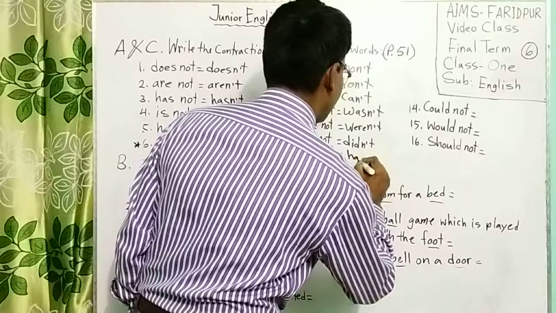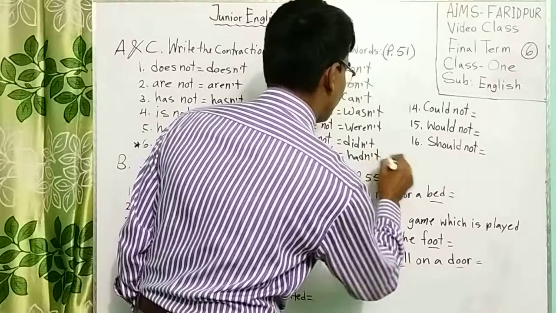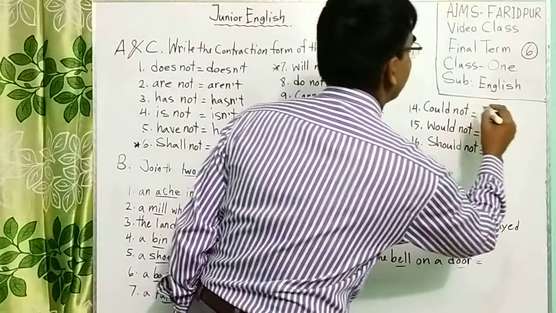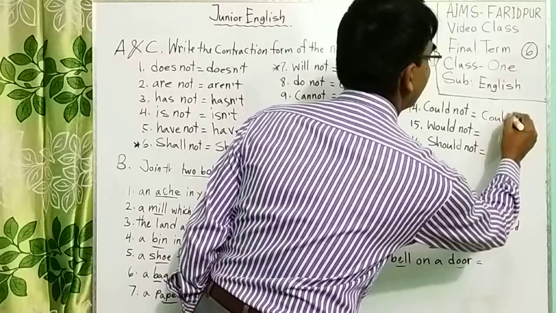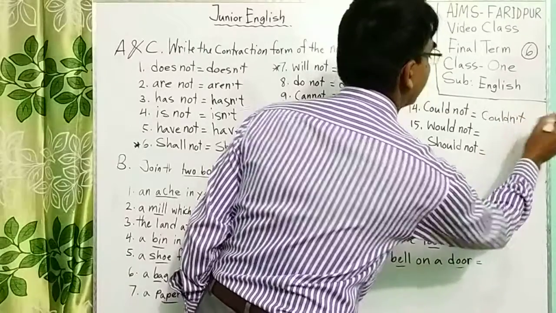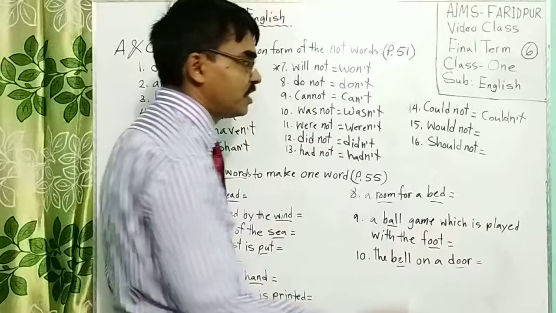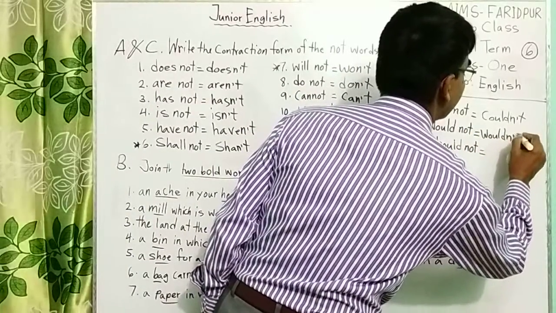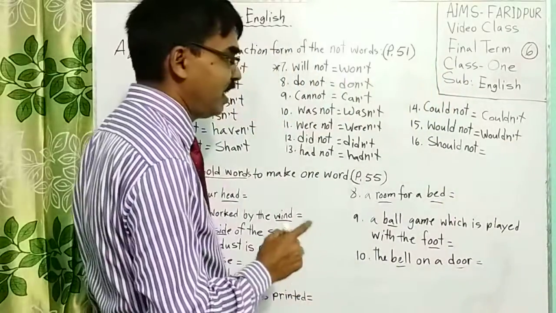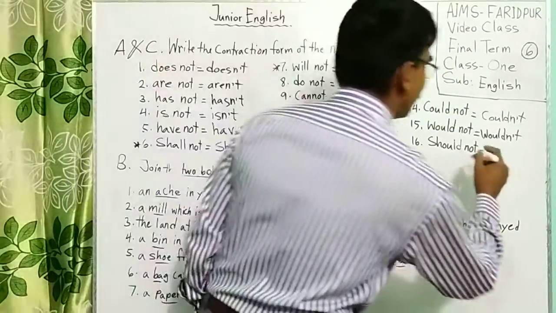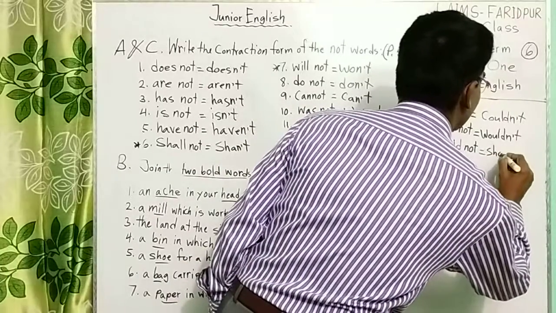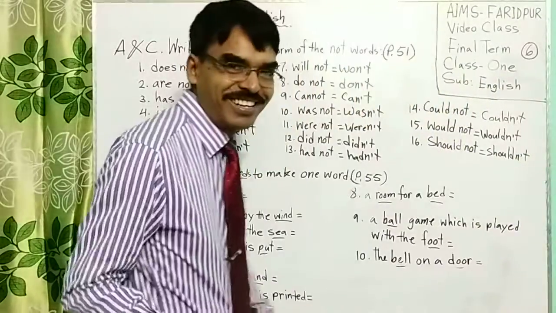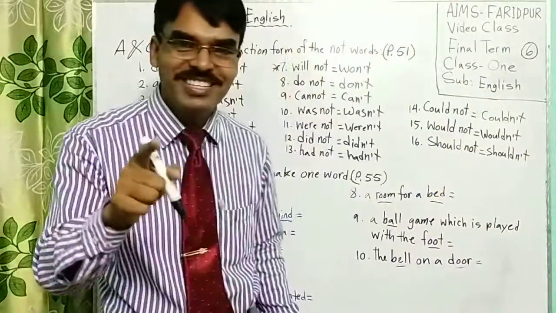Had not, H-A-D-N apostrophe, hadn't. Okay, then could not, C-O-U-L-D, couldn't. Then wouldn't, W-O-U-L-D-N apostrophe t, wouldn't. And then should not, S-H-O-U-L-D-N, shouldn't. And dear students, is it not easy?